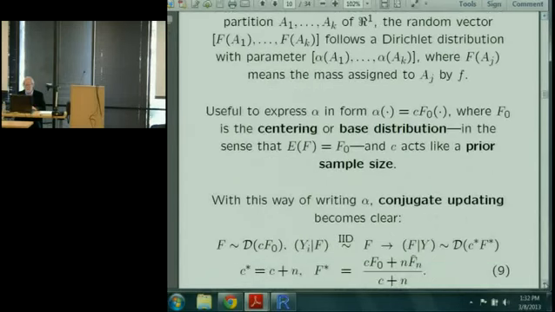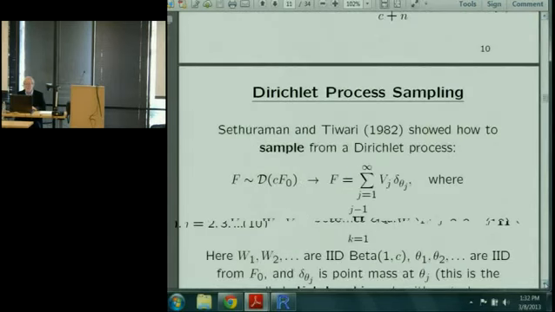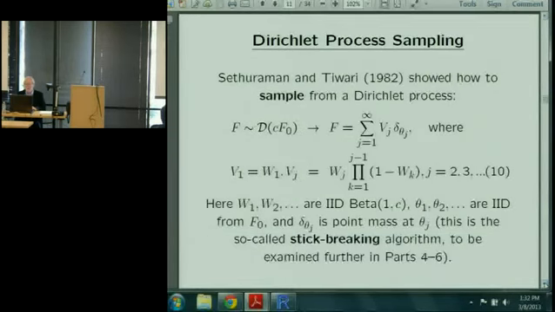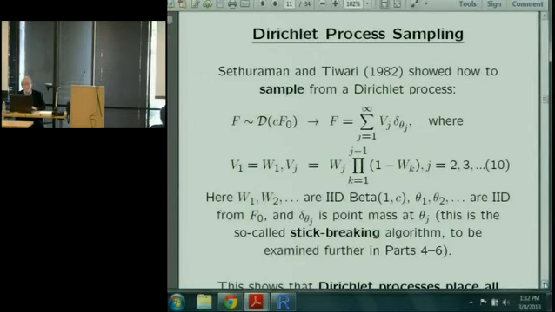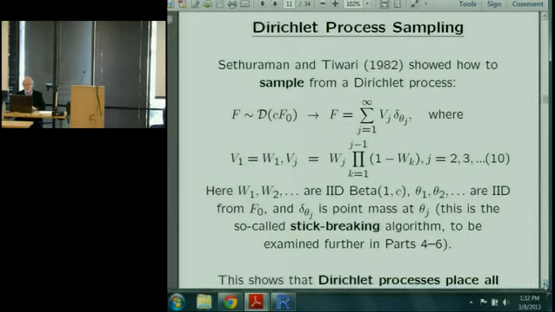But a few years after Freedman and Ferguson worked on this stuff, these guys called Sethuraman and Tiwari came up with a quite easy way to sample from a Dirichlet process using a method called stick breaking. So here's the idea.